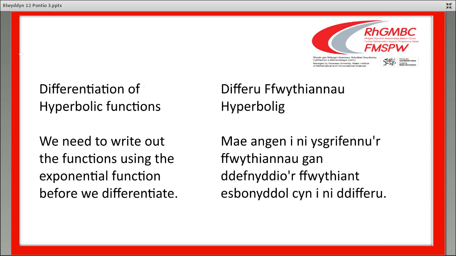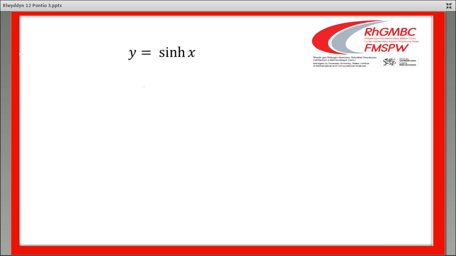I will show you how I get that answer. And again, they are closely linked to the trig functions, but there are one or two little twists, so we need to be careful.